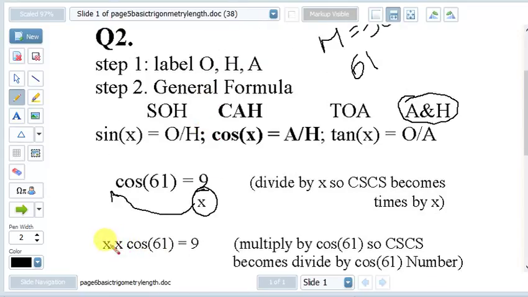So then it becomes x times cos of 61 equals 9. Now I know a lot of you will probably have brought over the 9, but then that would leave 1 over x on the right hand side, which makes it a bit awkward. If you ever get an unknown as a denominator, bring over the x first and then rearrange from there.